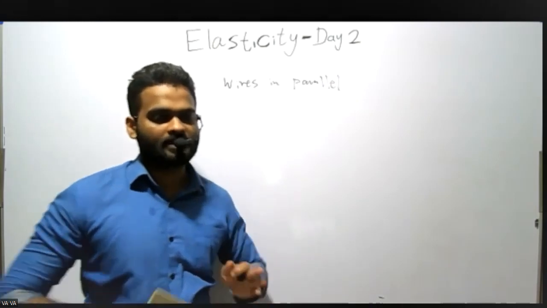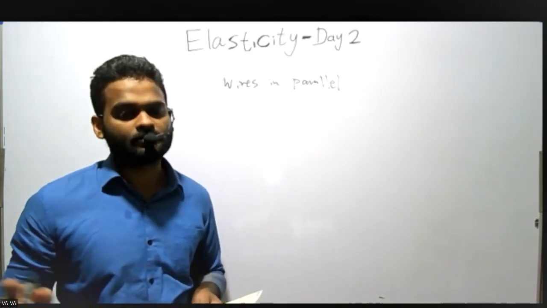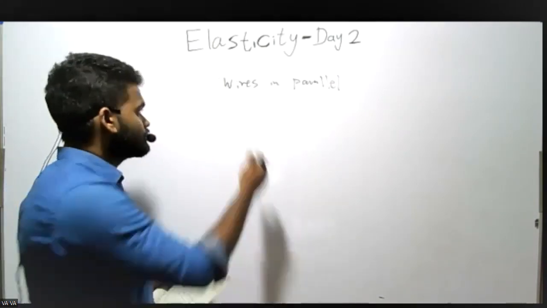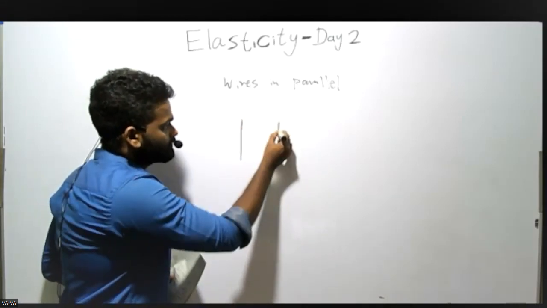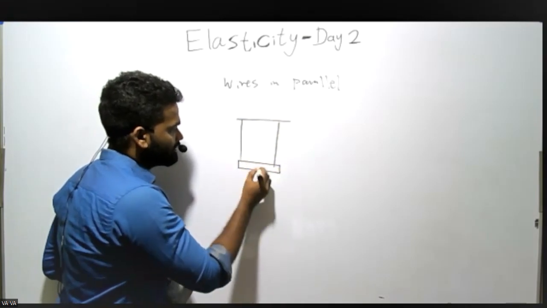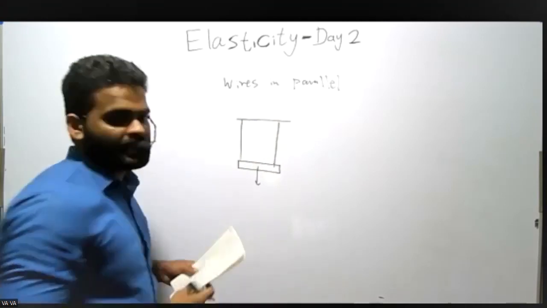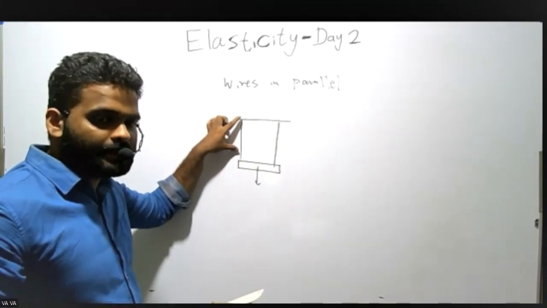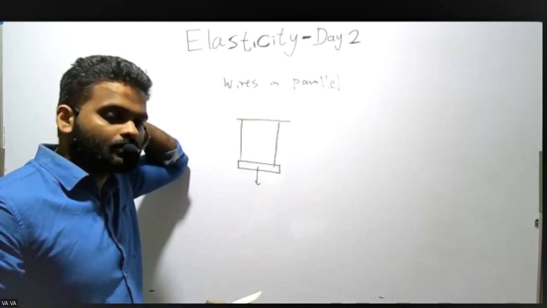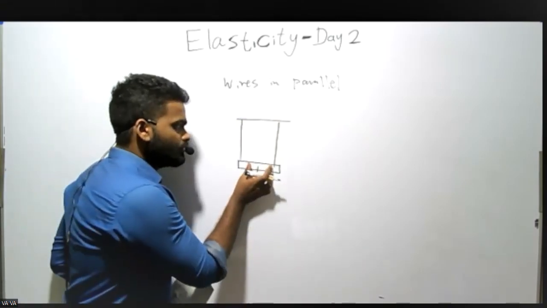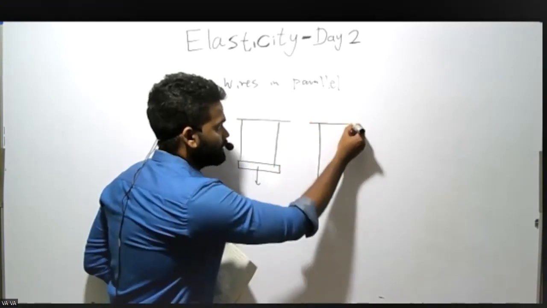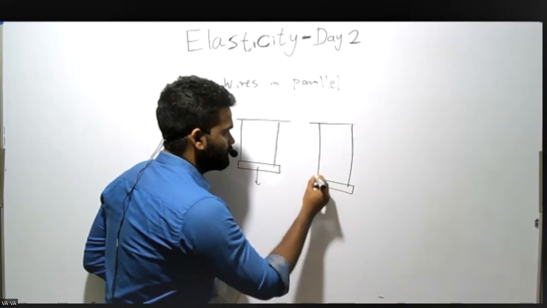I'll be going through the theory parts a little quicker because I'm planning to do many questions from this today. Wires in parallel means, if you have two wires like this, you can hang a load from them. Usually we take the lengths of the wires to be the same. Then due to this load, both wires extend.